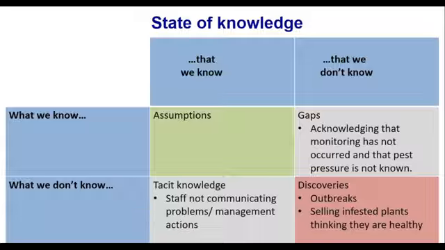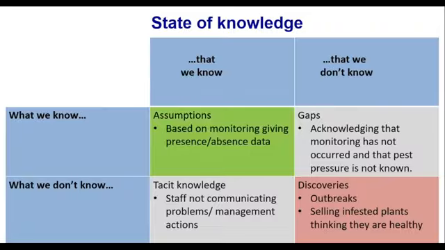And I'm sure, as you can imagine, this last one, what we know that we know, is based on monitoring. You get data on what's there, what's not there, the health of your crop generally, so that hopefully you are selling healthy plants.